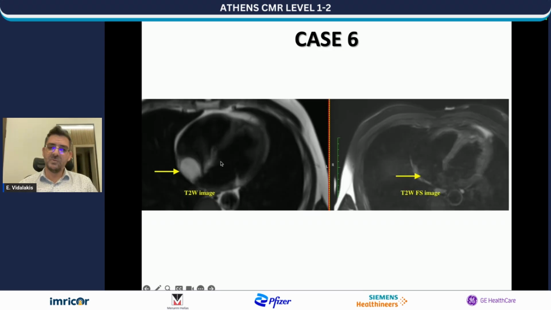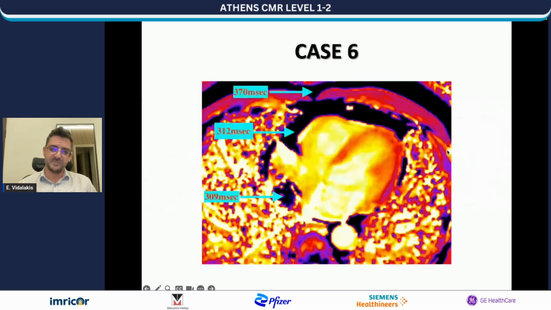The same with the T2 weighted image. Bright in the T2 weighted image and suppressed with the fat suppression. We performed also T1 mapping on the mass, and as you see, the T1 mapping value of the mass is almost the same as the pericardial and epicardial fat.